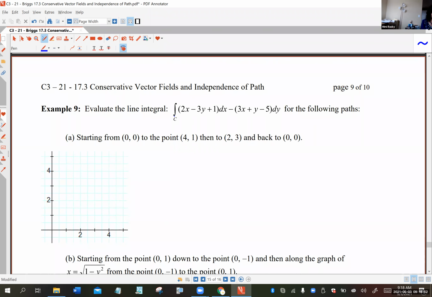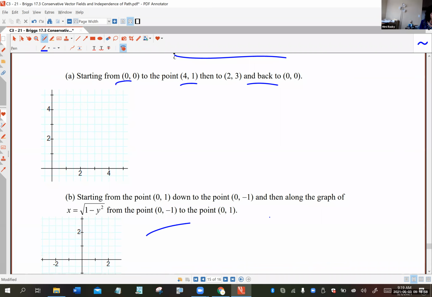So here's a line integral, and they're asking us to evaluate it on this path and then another path. So let's actually sketch the paths and take a look at them. This path starts at (0, 0) and goes to the point (4, 1).